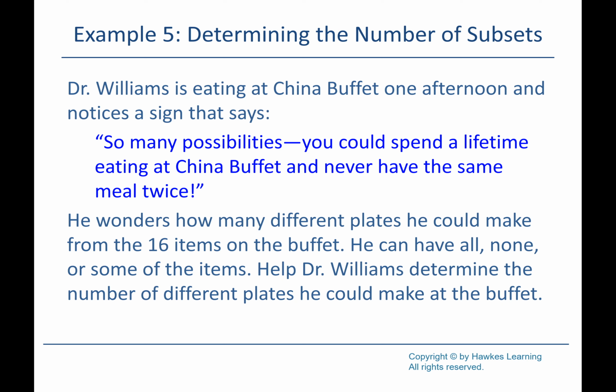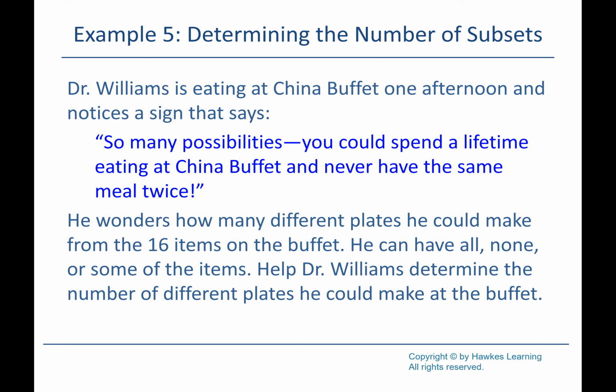So we're just not going to subtract 1 at the end on this one. So we do our calculation, we figure out our cardinal number. How many different items are on the buffet here? We've got 16. So to figure out the number of possible subsets, we would do 2 to the 16th power.